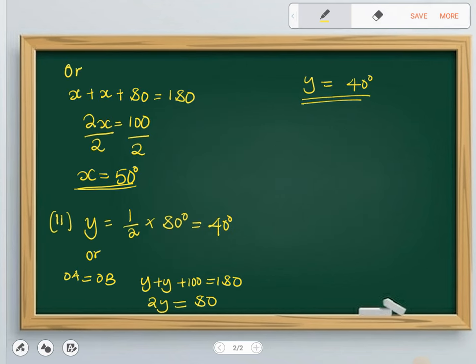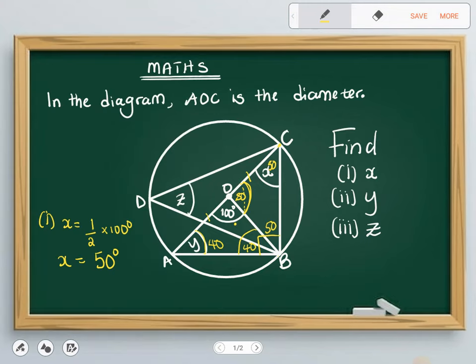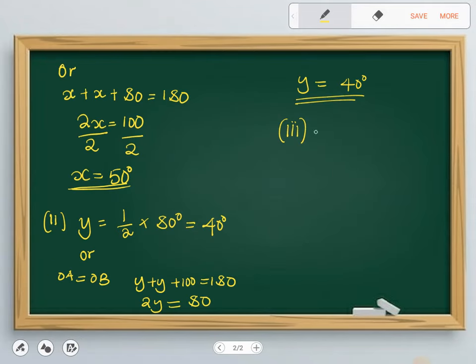Now we come to z. How do we find z? Angles in the same segment are equal. Do you remember this property? Angles in the same segment are equal.